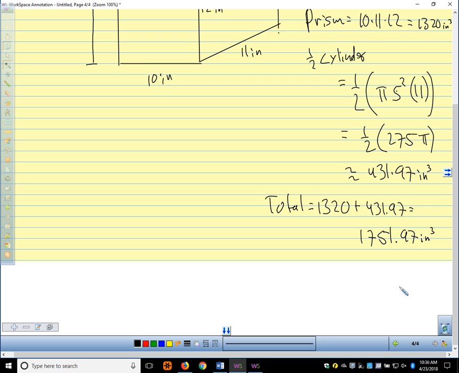So to round to the 10th, I need to round this 9 up to 10. So that would give us 1752.0 if we were rounding to the 10th. All right, questions?